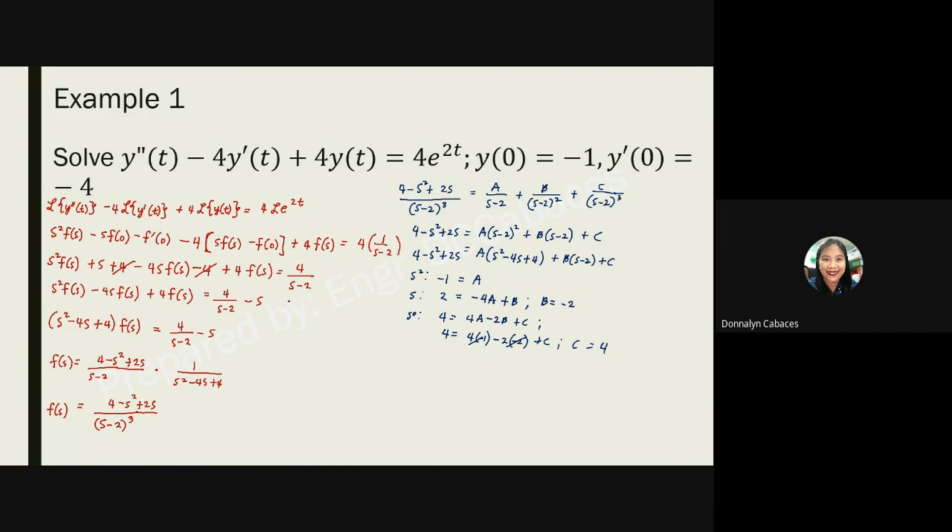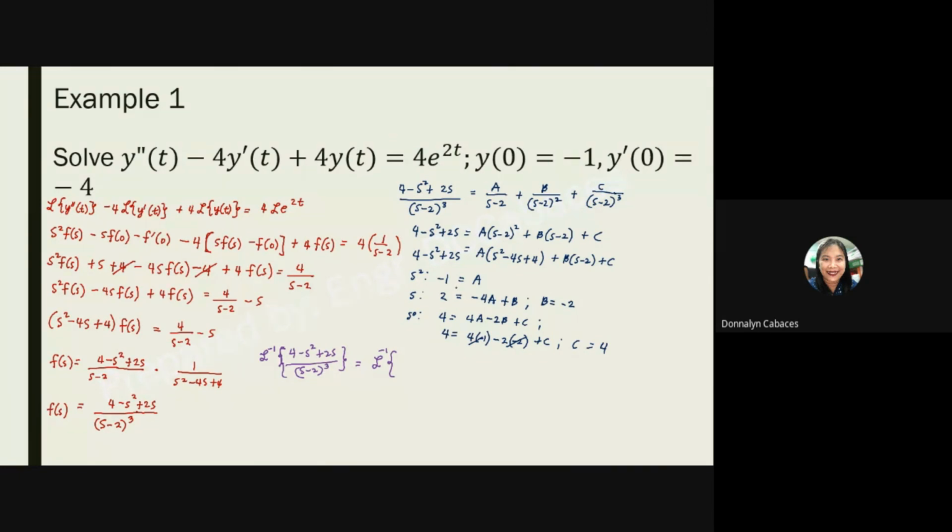And therefore now, we continue with the inverse. So finding your f of t now, finding the inverse of this. So the inverse Laplace of 4 minus s squared plus 2s over s minus 2 cubed would be equal now to the inverse Laplace of this.